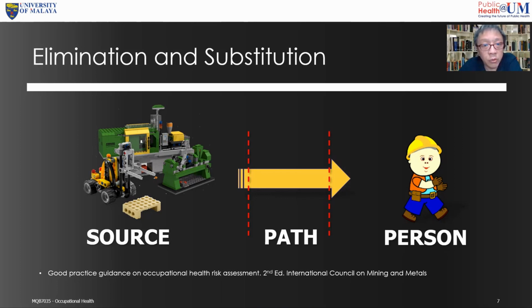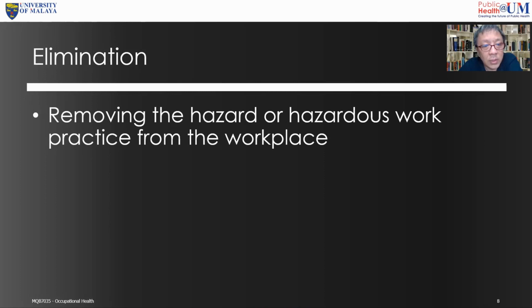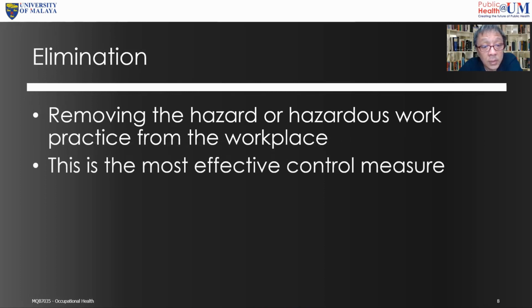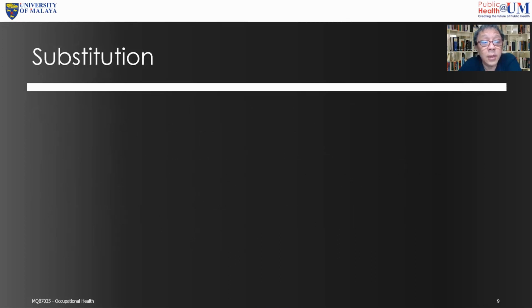So elimination and substitution. Elimination is removing the hazard or hazardous work practice from the workplace. This is the most effective control measure. Usually it's very difficult to eliminate a substance unless we could eliminate a process or procedure. That's what I tried to emphasize to you just now. All right.